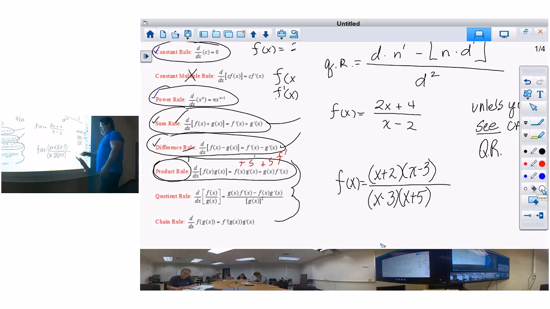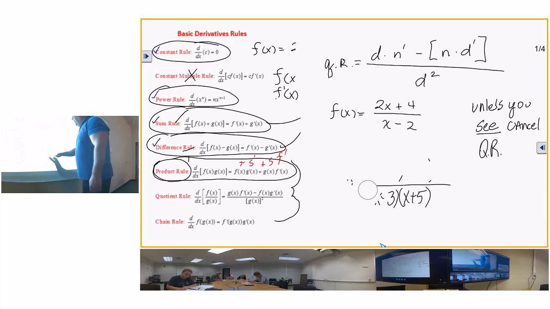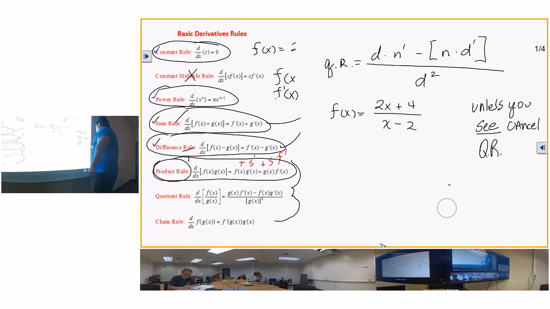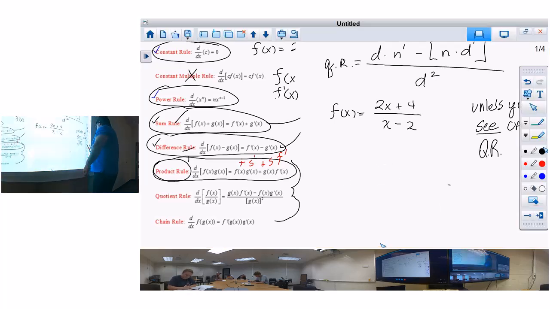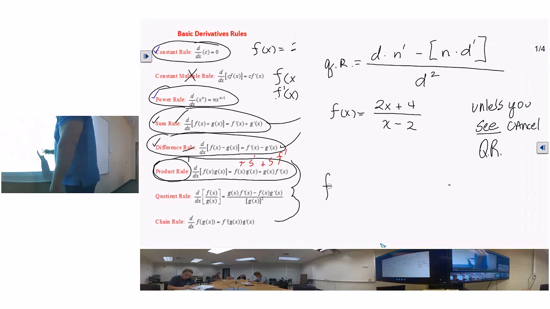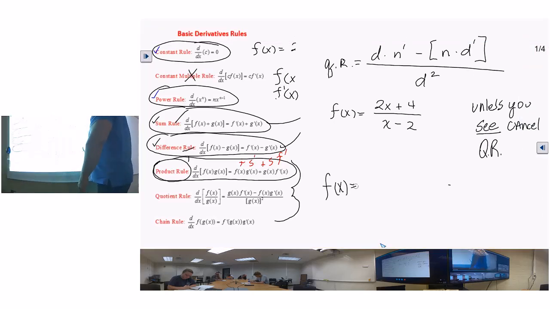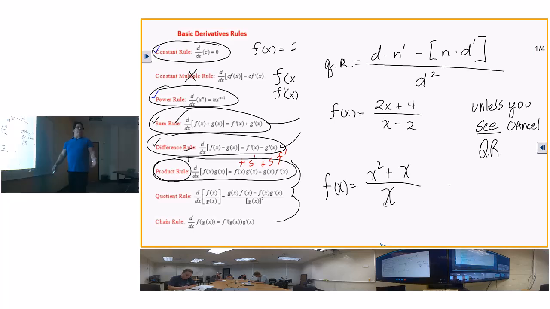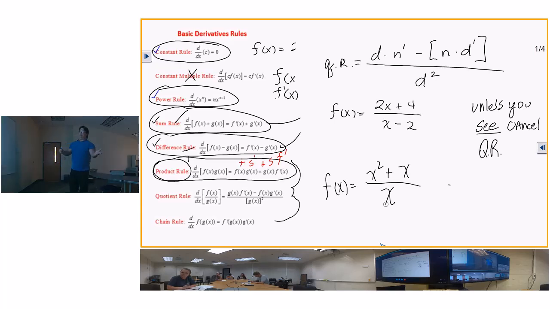Another one would be something like this. F of x is equal to (x squared plus x) over x. Now, you would not use the quotient rule there because what could you do? You could cancel the x's out or factor out x on top, however you want to do it, and then you would be just left with another one of the other rules. So you need to watch for it.